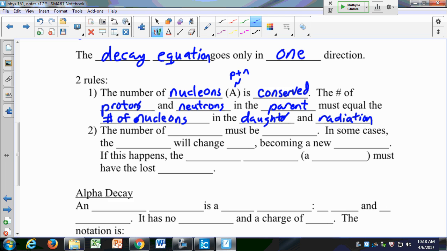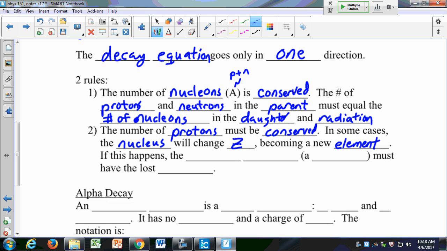And then the second rule is that the number of protons must be conserved. In some cases, the nucleus will change the atomic number. That's my Z. And that becomes a new element, like I go from hydrogen to helium, for example.